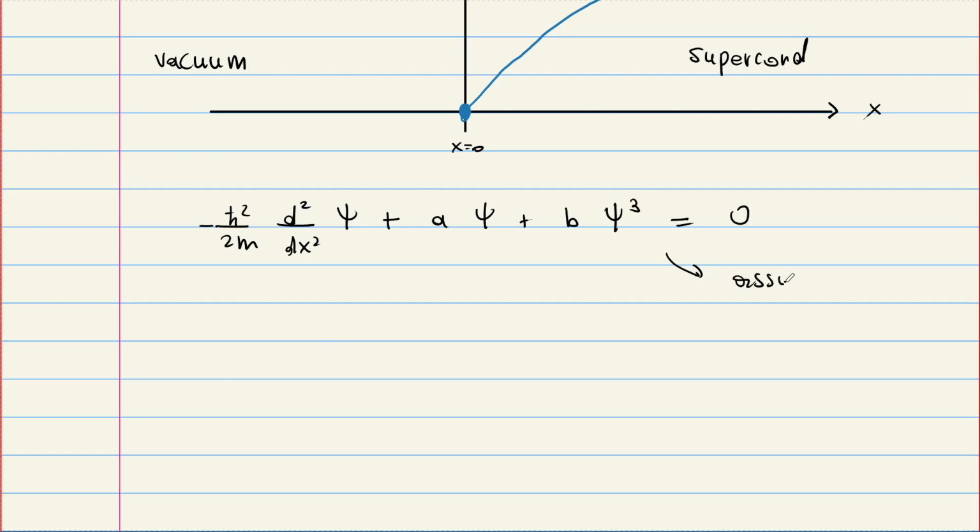Assume psi is real here. This is a second order differential equation, and to solve it we need two boundary conditions. One boundary condition is psi of 0 should be 0. A second boundary condition, psi of infinity, should be psi naught, the bulk superconductor.